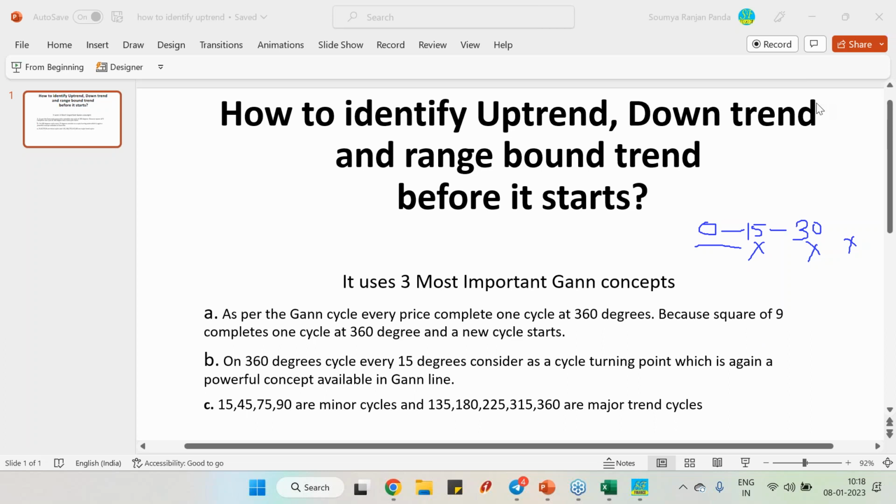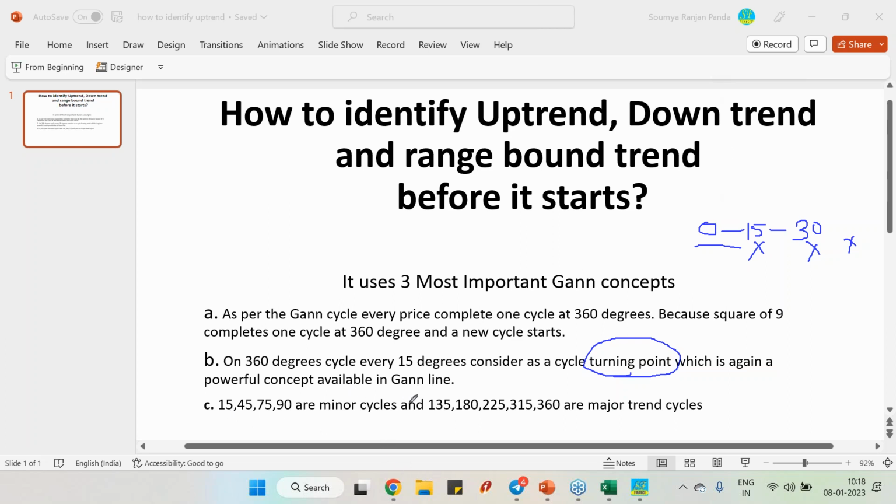Turning points mean the price will end prematurely. That's why it is known as the cycle turning points. I think till this point all of you have understood. Now going to the last part.